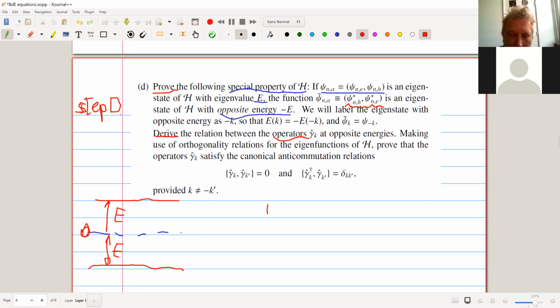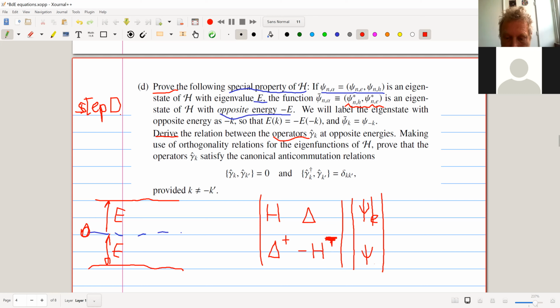Let me recall the definition of the matrix. Let's see how much time I have.